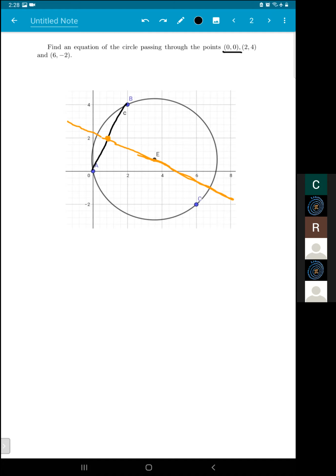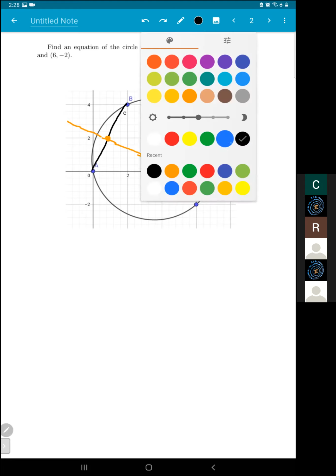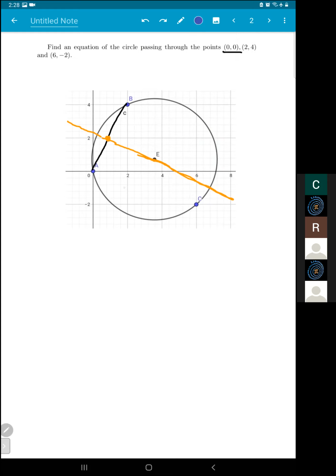Okay, what you mean is find another perpendicular bisector that passes through the center, right? That's a good idea. Actually, it's the idea. So if I draw another chord, say AC, and draw the perpendicular bisector of that chord, again, it will pass through the center.